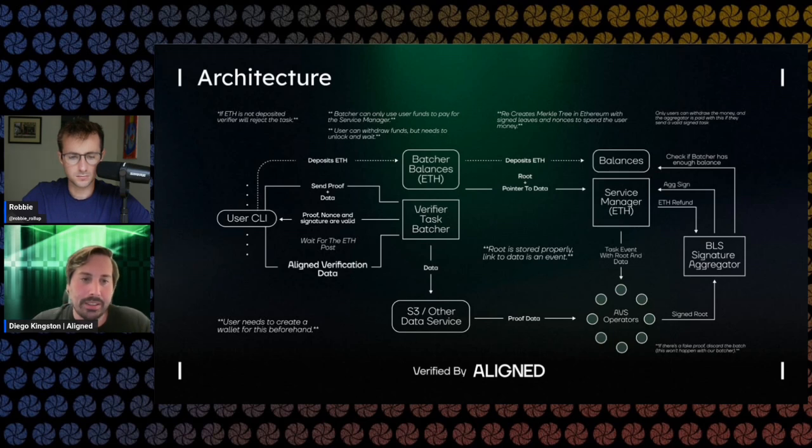The idea is that when you send a task, you say how much you are willing to pay as a maximum for your proof to get verified. And then the batcher tries to build the biggest batch possible, trying to minimize the cost.